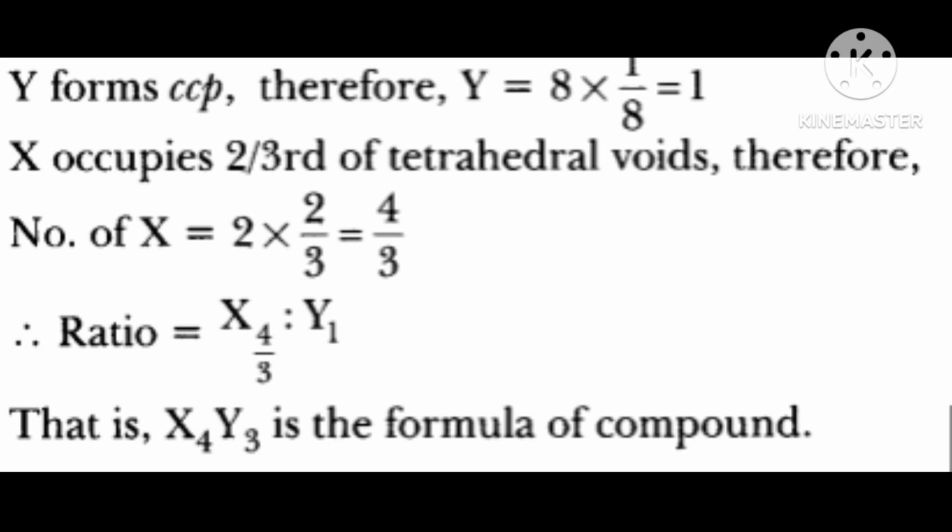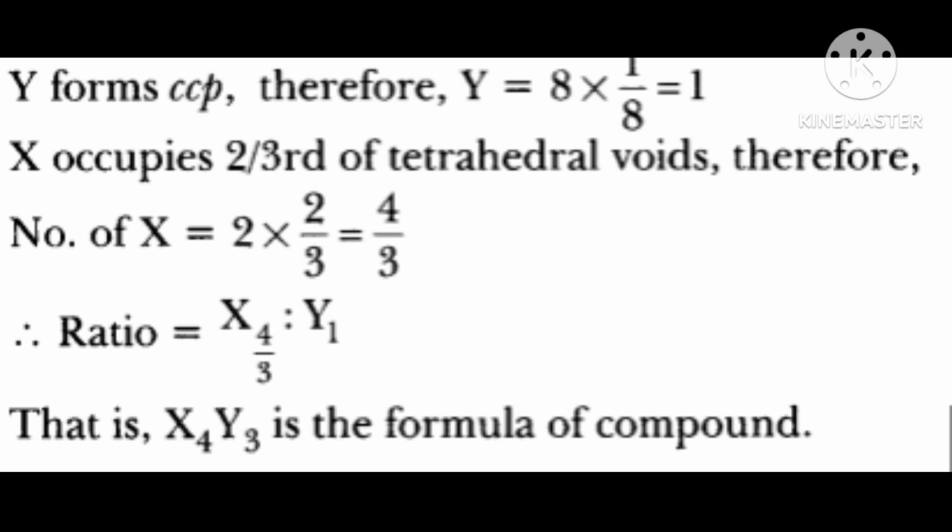Now from the question, again the direct answer: atoms of element B form an HCP lattice, and those of element A occupy 2/3 of the tetrahedral voids.